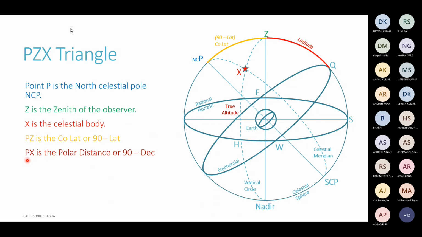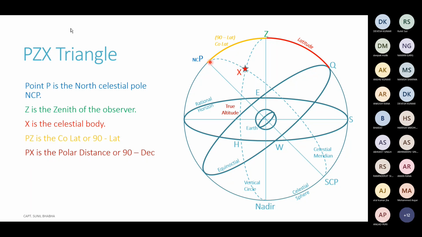Now we move on to the PX side of this particular triangle. So this PX side is known as polar distance. You see, X represents the celestial body and P represents the north celestial pole. So this arc basically tells us how far away from the pole the celestial body is.